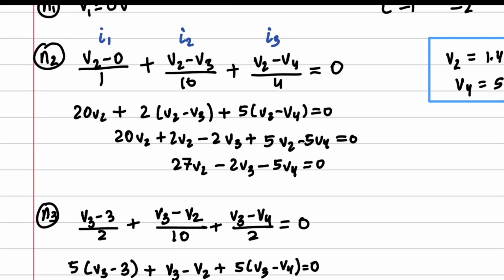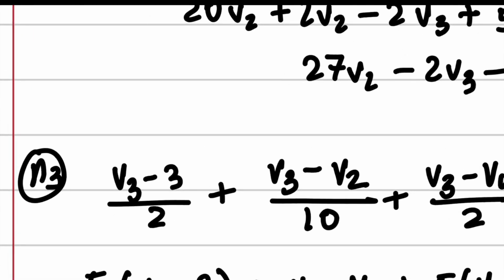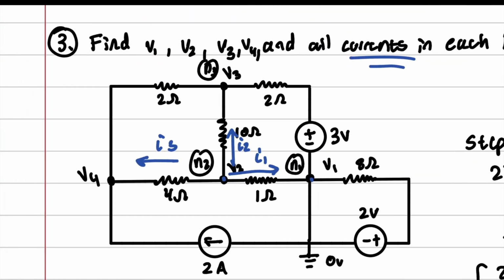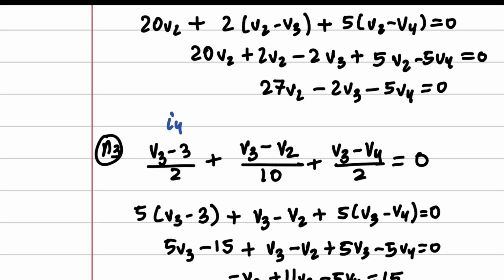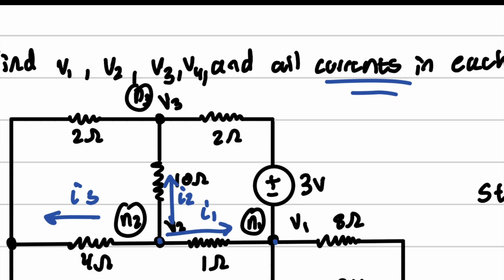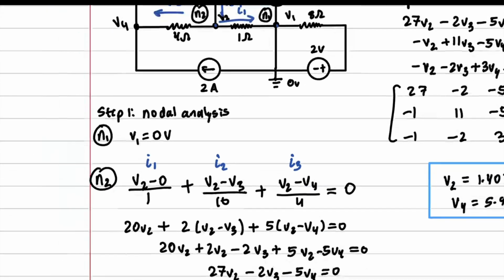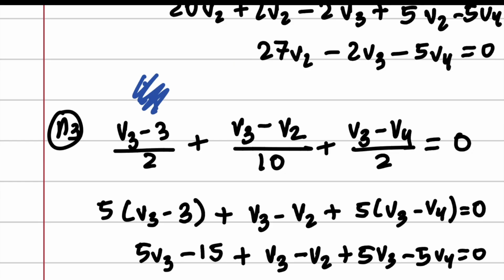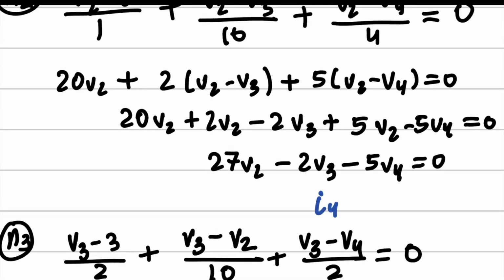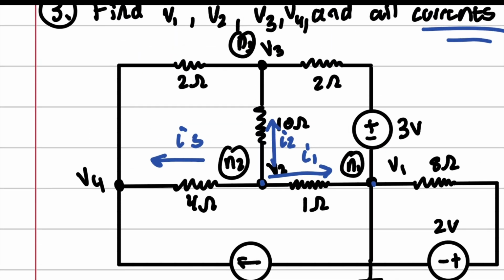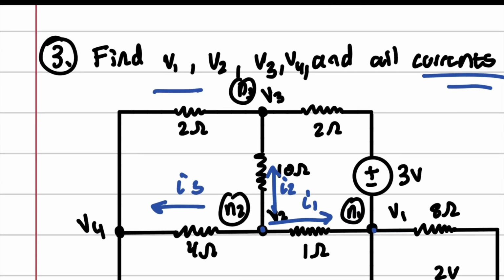And then we're going to move over here, and we're going to call this one I4. So that was V3 to V4. Actually, in my notes, I'm just going to call this one I4 so that we can be consistent.